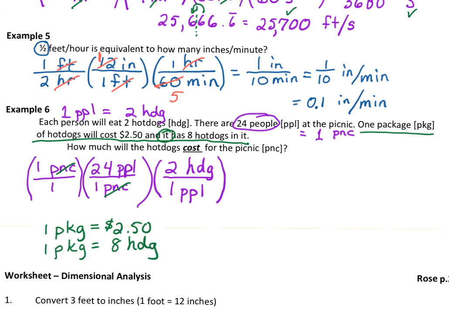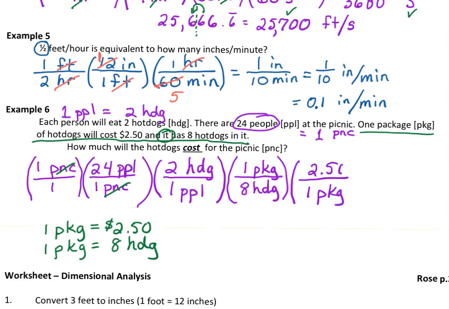There's a conversion factor with something I already have. 8 HDGs, hot dogs, equal 1 package. Okay, and the other conversion factor that I got out of that sentence was that 1 package equals $2.50.